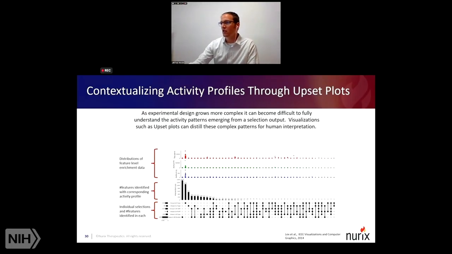When we do this, we can take a very complicated pattern. All of these are individually unique binary patterns in terms of the enrichment patterns that they're showing up in your selection output. But we can now parse really closely and efficiently to see, okay, do we have anything that aligns with what I'm looking for in terms of the project goal?